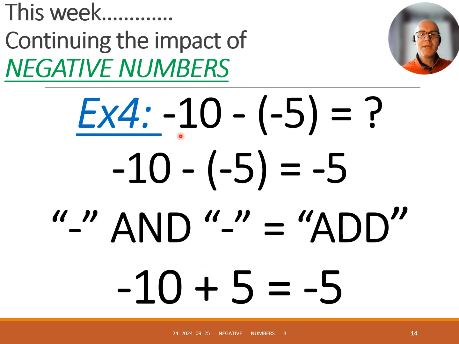In this example, we have negative 10 subtract negative 5. So we've got subtracting a negative. So when we subtract a negative, we change it to addition. So minus 10 subtract minus 5 changes to minus 10 plus 5, which equals minus 5.